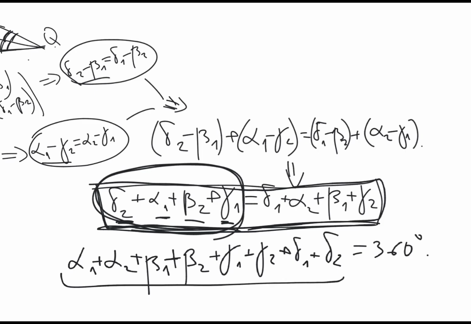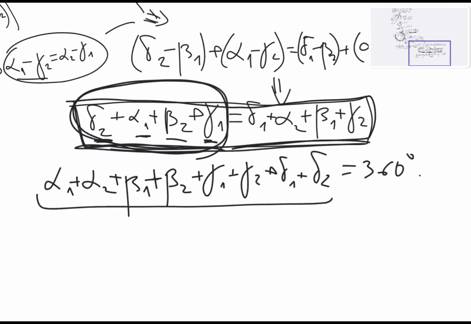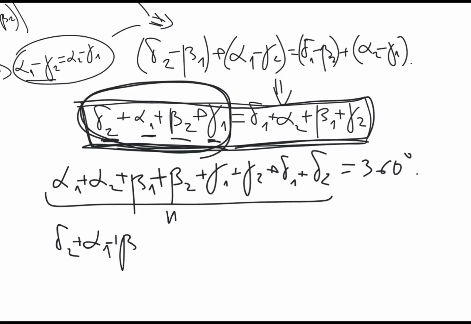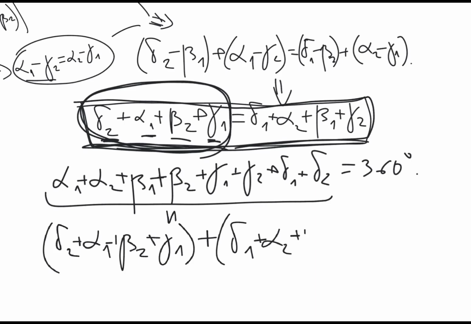So let's write it this way. This can be rewritten as delta 2 plus alpha 1 plus beta 2 plus gamma 1 plus delta 1 plus alpha 2 plus beta 1 plus gamma 2, right? So these are two expressions on the left hand side and right hand side in this equality.